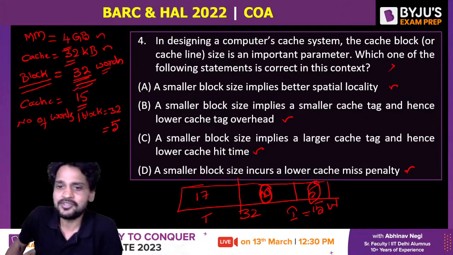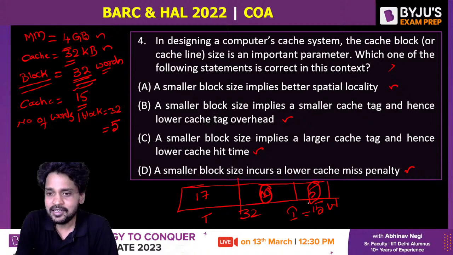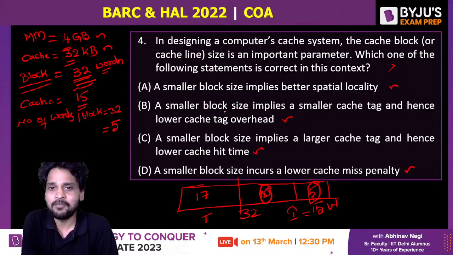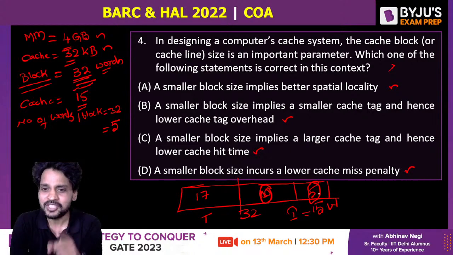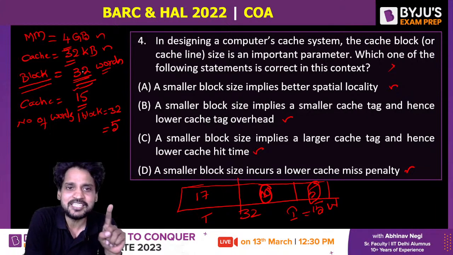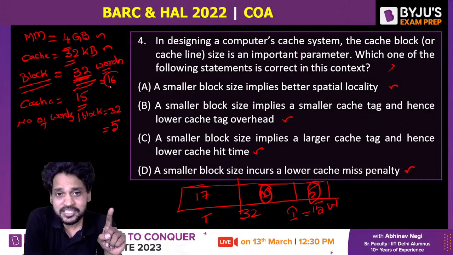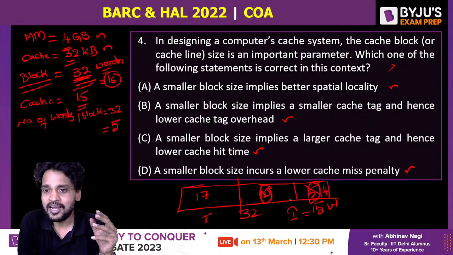Let us understand carefully. Here he is talking about a smaller block size, meaning he just wants to reduce the block size. Let us say the block size is reduced from 32 words to just 16 words. Then the number of bits needed for the word field will be 4, and the number of blocks will increase.